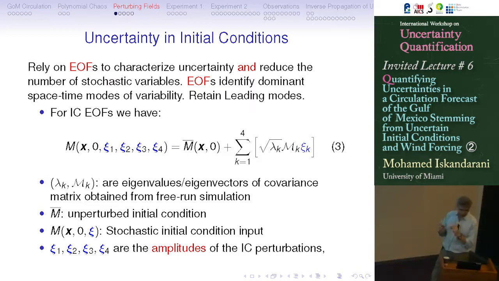The thing that I would like to stress is that from a practitioner point of view, all the head scratching is not in the polynomial chaos. The head scratching is here. How do I perturb? Okay. And this is an issue that is pervasive to all ensemble methods. How do I perturb my ensemble?